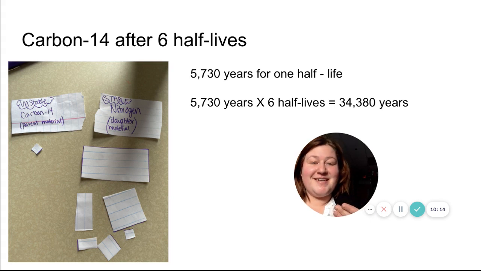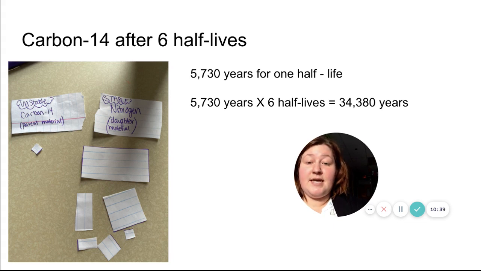Scientists know, and we know that the unstable material takes many thousands or millions of years to decay. And we know that carbon-14 takes 5,730 years to have one half-life. So to do that very first cut takes 5,730 years. So that's just one half-life. Now in this sample, for this example, I did 6 half-lives.